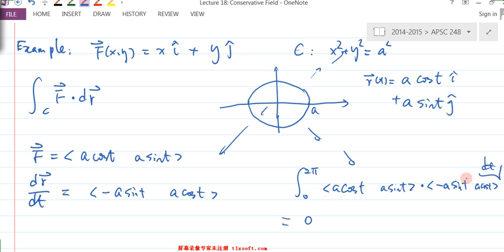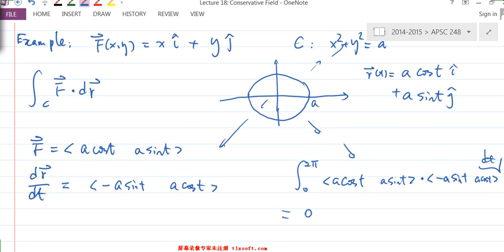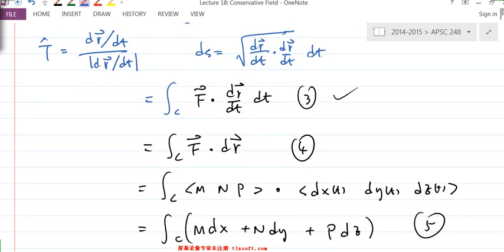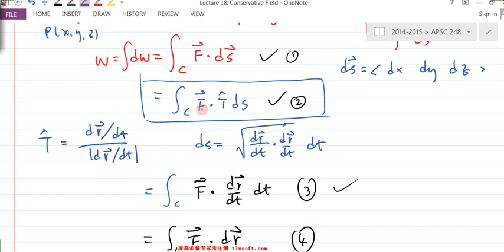Now the next thing I want to point out is that you have a shortcut. Let's try to use the number 2 formula, which is F dot T hat. Remember what T hat is? It's the unit tangent vector of the curve.